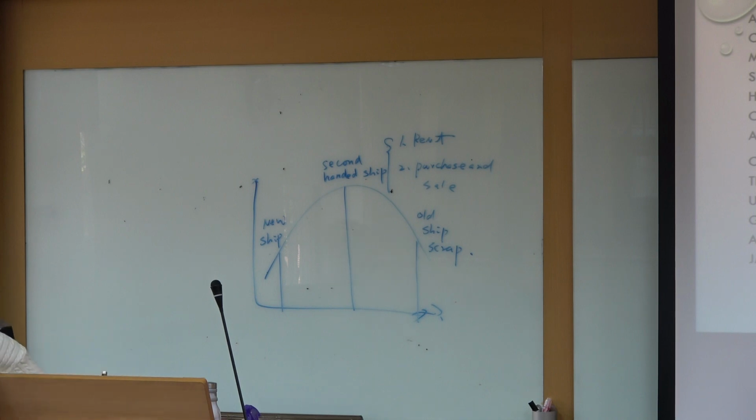If you look at, for example, Evergreen or Yang Ming Line, normally they hold their ships very young, because young ships are operating at speed, very efficient, and also save a lot of fuel cost. Two reasons. For Yang Ming Line, their container ships are normally 13 to 14 years old.